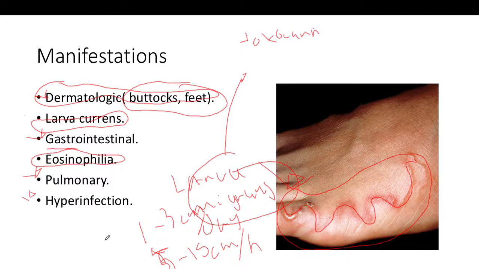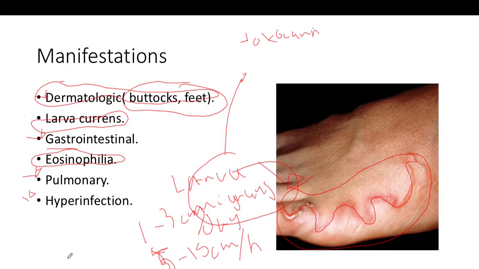Pulmonary infections, well, as we saw, after penetrating the skin, the parasite goes to the circulatory system and travels to the alveolar sacs, and in the alveoli, this infection can lead to a presentation of interstitial pneumonia, or acute respiratory distress syndrome.